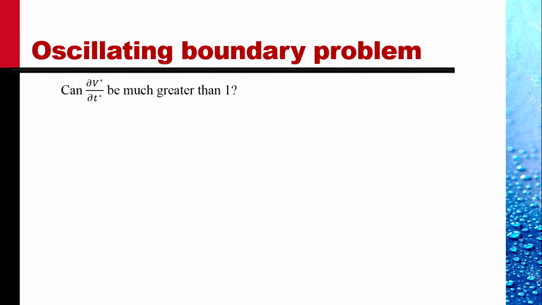So we said that either del v star by del t star is much greater than 1, or del square v star by del y star square is much less than 1.